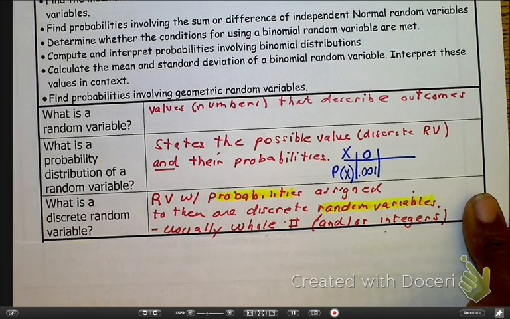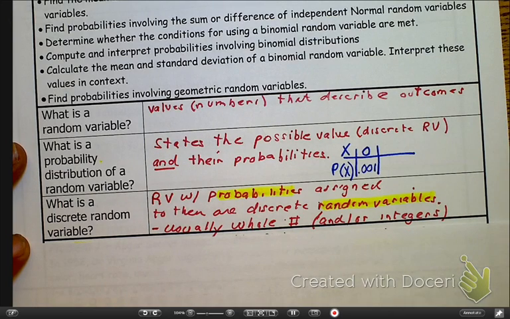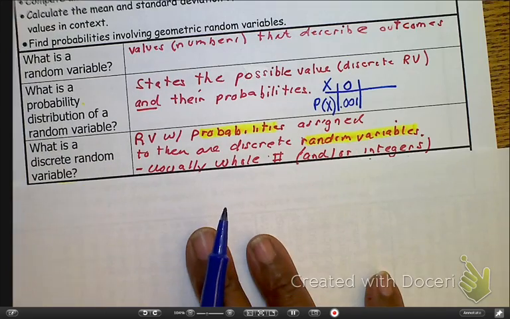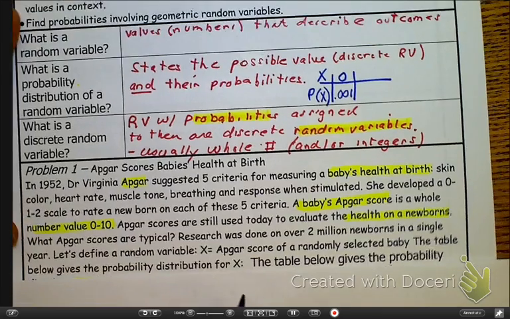Another example of a discrete random variable is your grades. Instead of saying A, B, C, D, don't we say 4, 3, 2, 1 to represent an A, a B, a C, and so on? Those are discrete random variables, and from there I can come up with probabilities. But before I do that, let's go back to where we started, the Apgar scale.